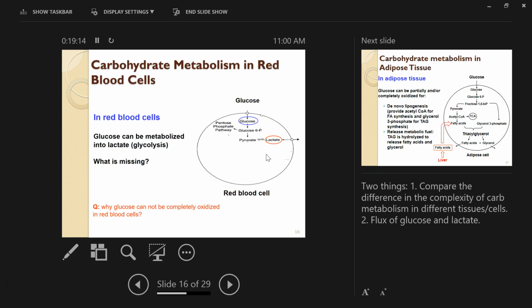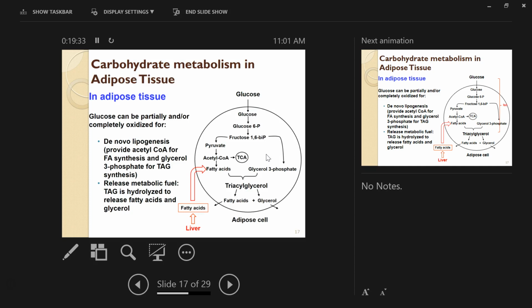And red blood cells, because they lack mitochondria, only do glycolysis for energy, and the product of glycolysis is lactate, and lactate is released into circulation, right? And fat cells are a little bit different from the other types of cells.